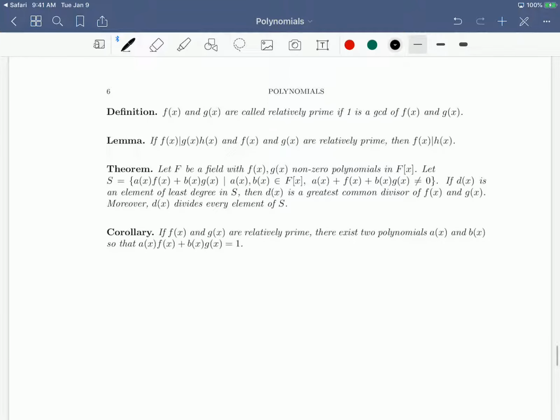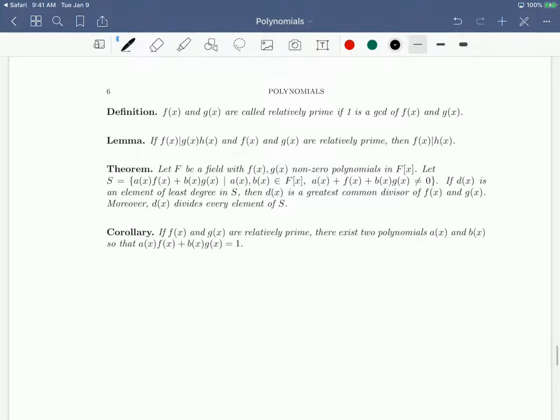We have a bunch of results that track really closely with stuff from Chapter 1. So relatively prime is the first one. Two polynomials are relatively prime if 1 is a GCD of the two polynomials. So this is similar to relatively prime integers that we saw back in Chapter 1.